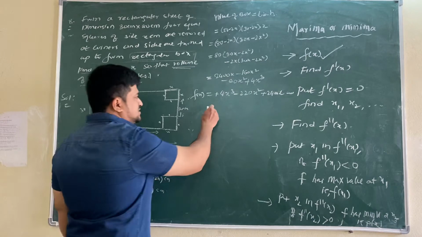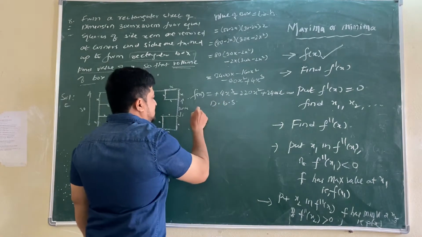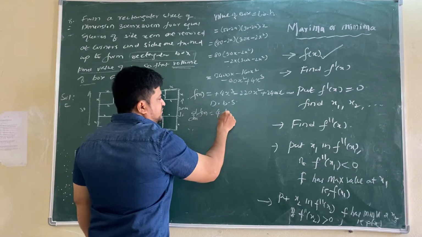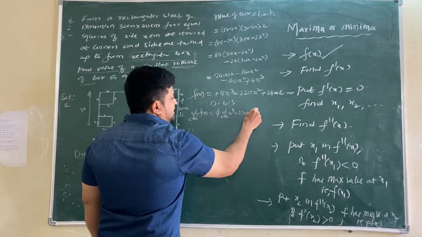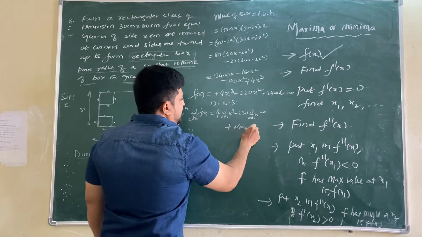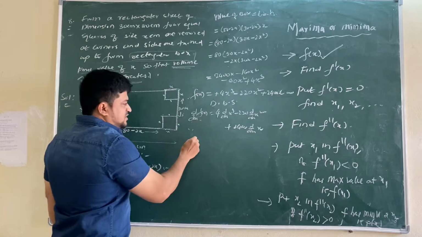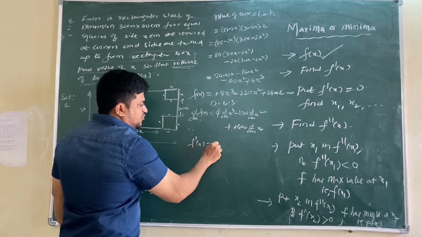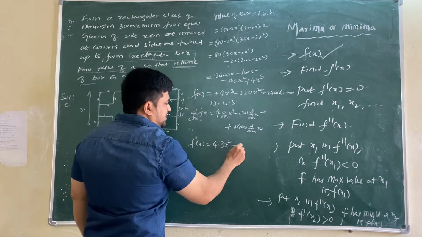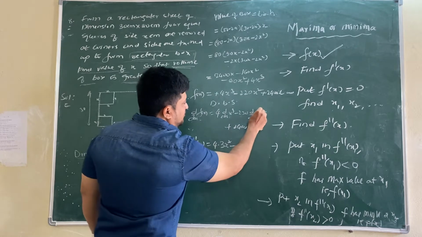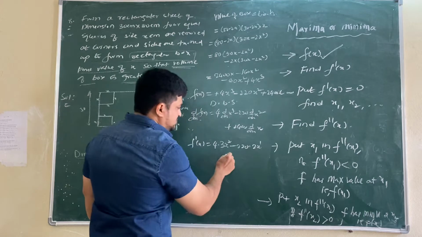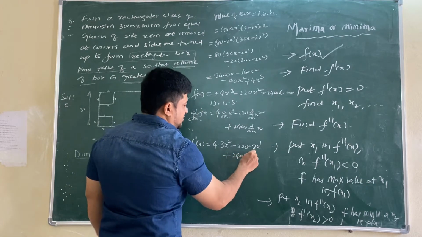To find f dash of x, we have to differentiate both sides. d by dx of f of x is f dash of x: 4 into derivative of x cube, minus 220 into derivative of x square which is 2x, plus 2400 into 1.